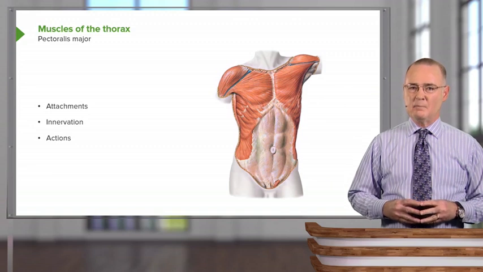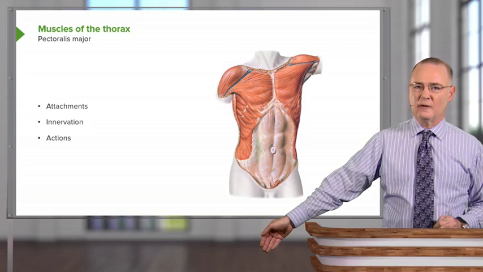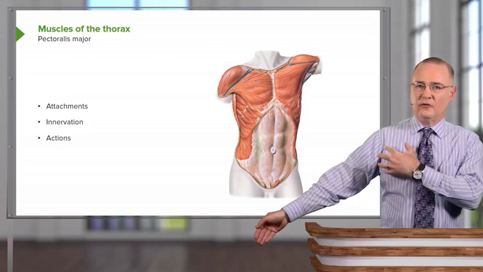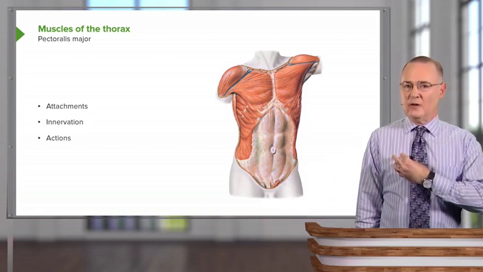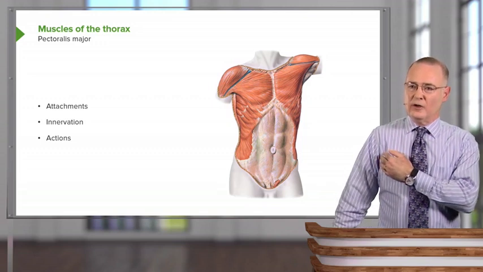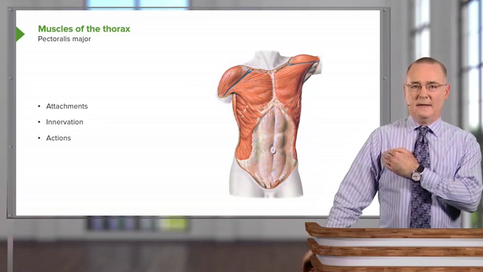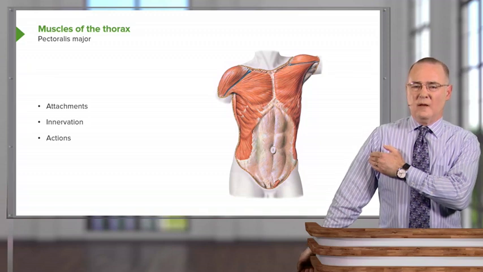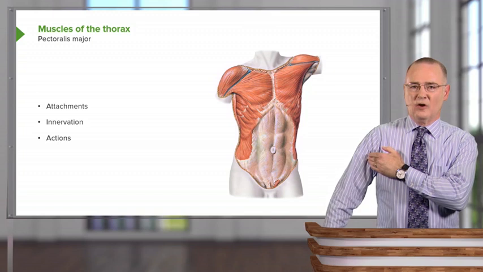It is a very powerful producer of adduction of the humerus. So if we start with our arm a little bit away from the midline of the body, and the pectoralis major starts to shorten here on the right side, it is going to bring your humerus back to the midline of your body. Another function is to pull your arm forward, and that is called flexion. Another function yet is to medially rotate your humerus, or have internal rotation of your humerus.